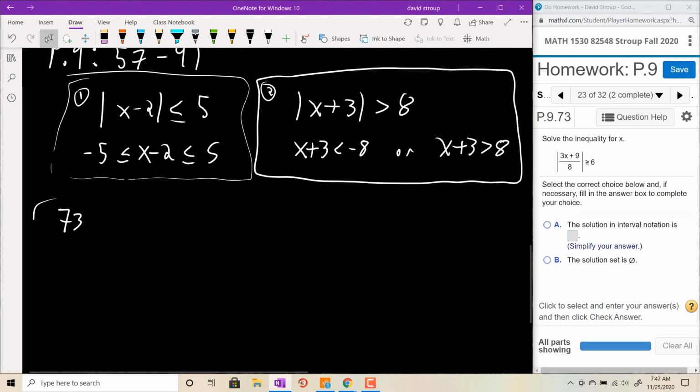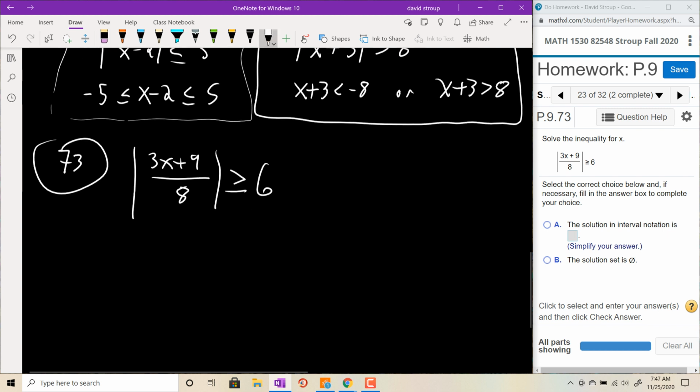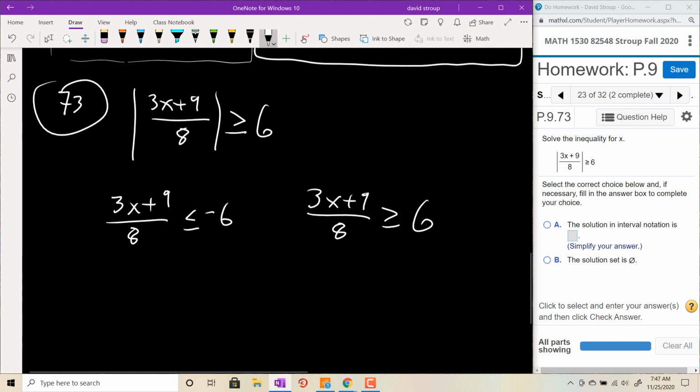So it's number 73. We have the absolute value of 3x plus 9 all over 8 greater than or equal to 6. Right, so it's already in our second form, so that's great. We can just go ahead and rewrite it as two inequalities. (3x plus 9) over 8 less than or equal to -6, and then (3x plus 9) over 8 greater than or equal to +6, and then solve each inequality.